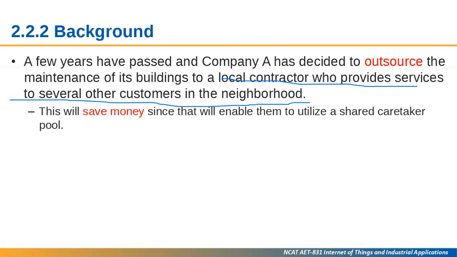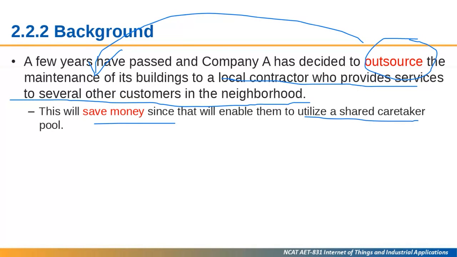So it's only the relationship between company A and company B. But now company A will outsource one of the functions, one of the services, which is the maintenance, to another contractor. Maybe it provides better services, maybe it provides lower prices, who knows? It will save price. In this case, because the utilities are shared, caretaker pool.